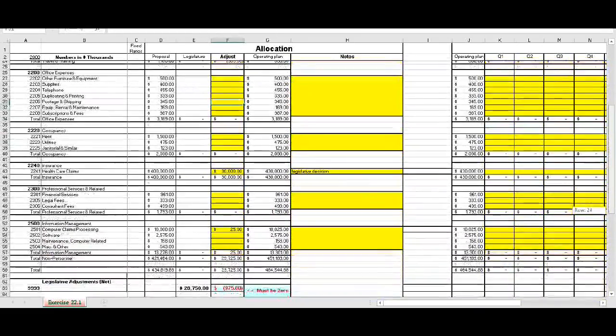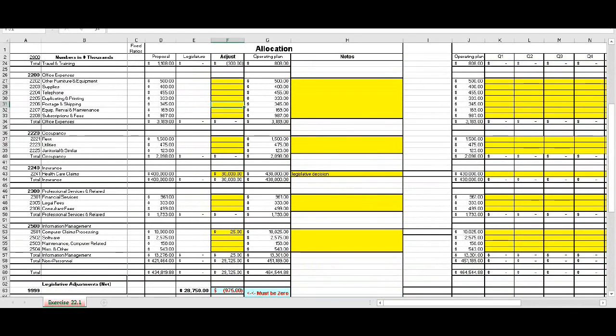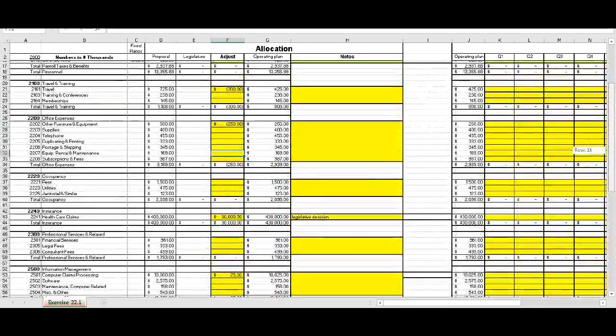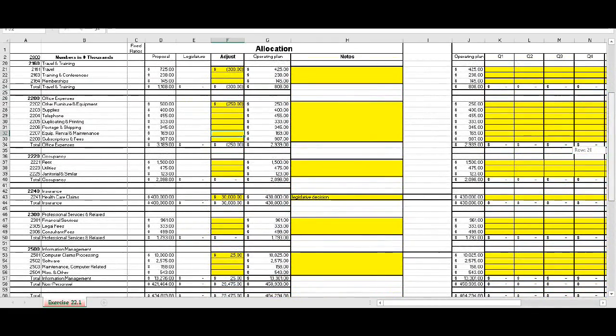Kind of looking for the bigger things. All right. Say we delay half of the furniture and equipment expenditure. Now we're down to 725. These are sort of subscriptions and fees.